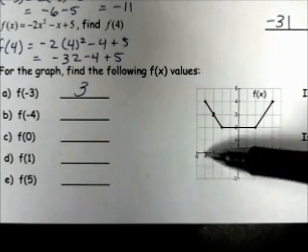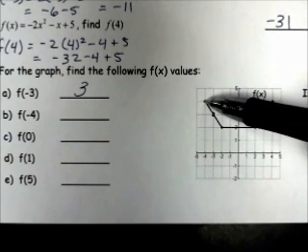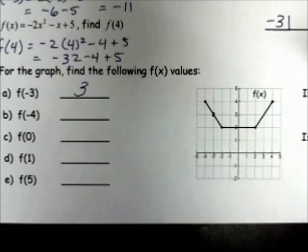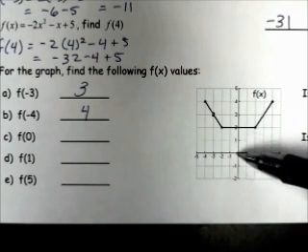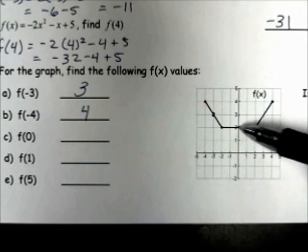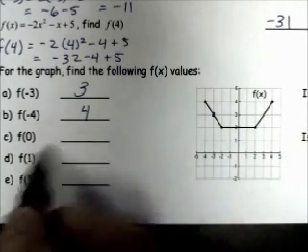Locate our x value of negative 4 on the graph. Here we are. Our y value is positive 4. f of 0. x value of 0. Here, y value positive 2.